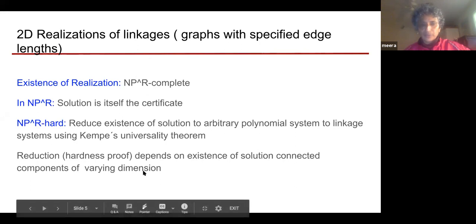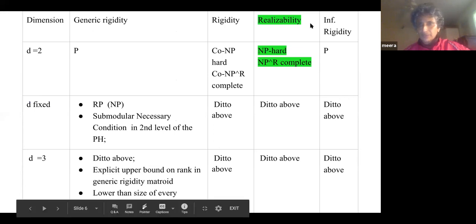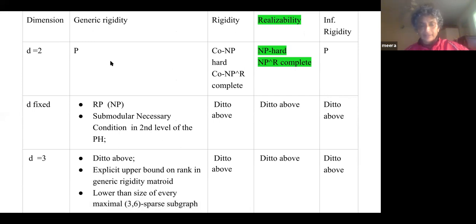So this hardness proof doesn't necessarily work. I wanted to go over the different problems that are related to realizability, that relate to rigidity and infinitesimal rigidity and so forth. In our case, we just care about d equals 2. You can ignore the stuff below this.